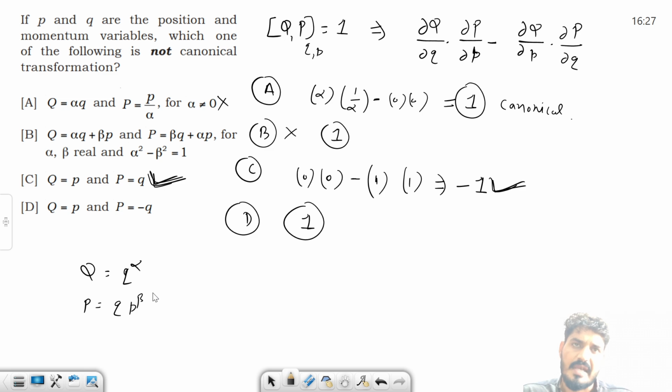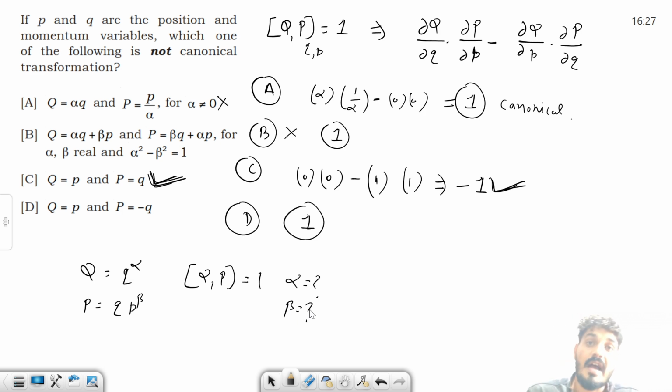I'm just giving some example, and they are saying if it is canonical, that means [Q,P] is equal to 1, then find out the value of alpha and find out the value of beta. They will ask you this kind of questions as well. Then you have to satisfy this equation, and then you can easily find out कि अल्फा और बीटा की क्या value रखें कि हमें 1 मिल जाए. तो इस तरह के questions भी exam में आते हैं. Fine. Okay, so let's see the next one.